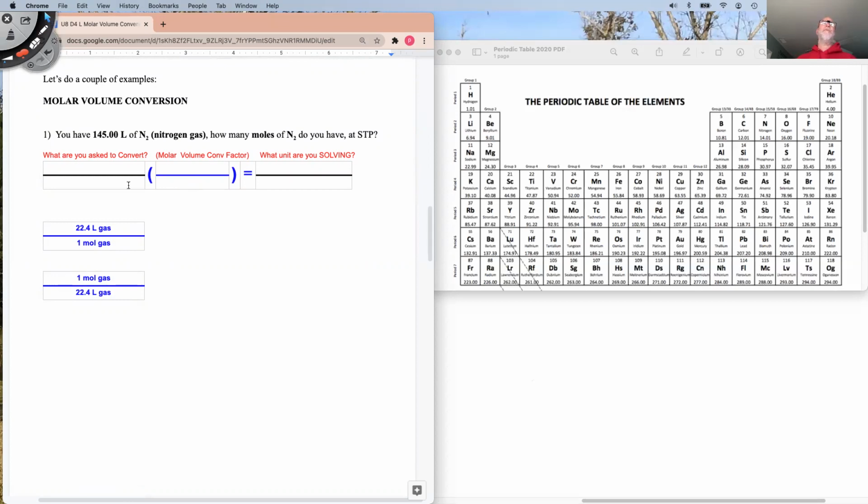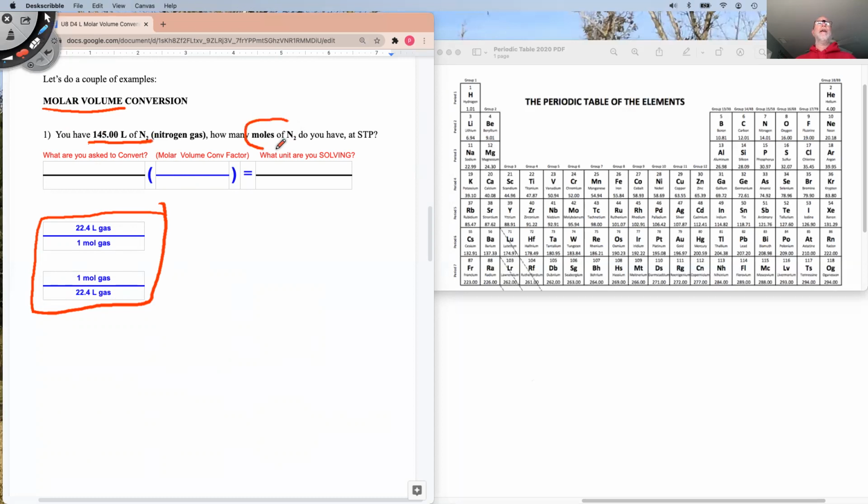So we're going to do this the same way we've done all of them. First thing we're going to do, let's solve this equation. Now we're going to be using molar volume to do this. What's molar volume? This is molar volume right here. All right, read the question. You have 145 liters of nitrogen gas. Okay, we've got 145 liters. And how many moles do we have? That's what we're looking for.